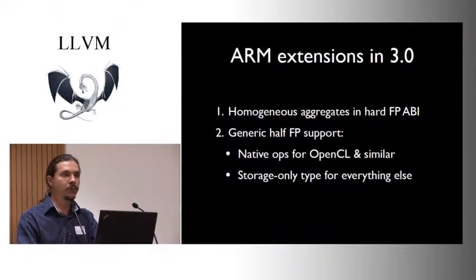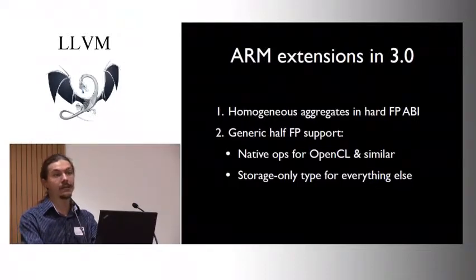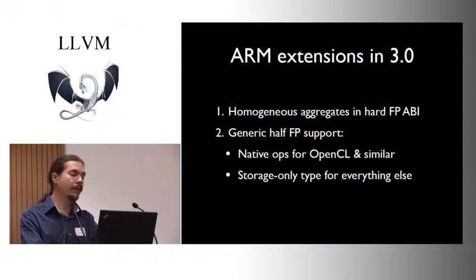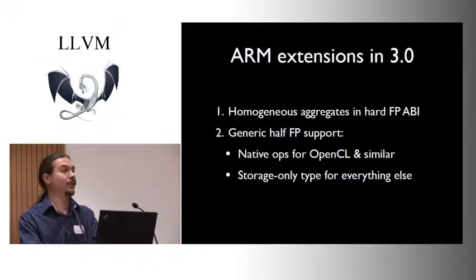The target will be able to select which flavor of half floating point it would like to use. So there will be native operations for OpenCL and similar, and a storage-only type if the target supports that and specifies that this is the storage-only type. Probably this is one of the features which we had inside LLVM GCC, but not currently in Clang, and we definitely should support it.